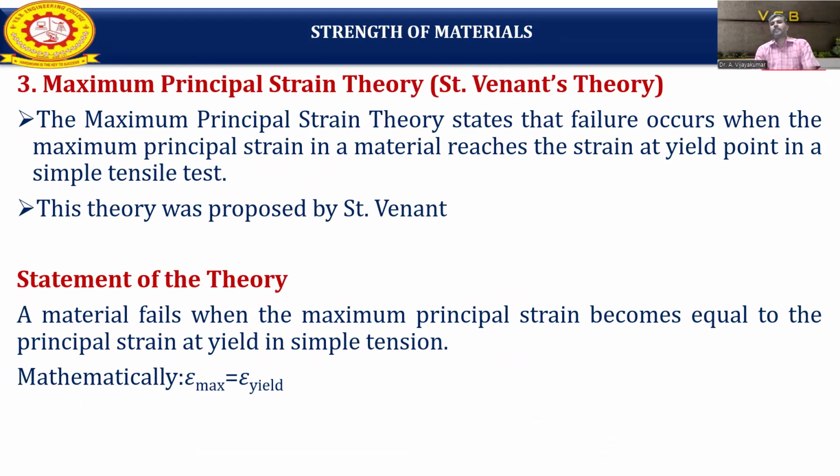When you conduct a simple tensile test, the material fails when the maximum principal strain reaches that value at the yield point itself. In that situation, we can use the maximum principal strain theory.